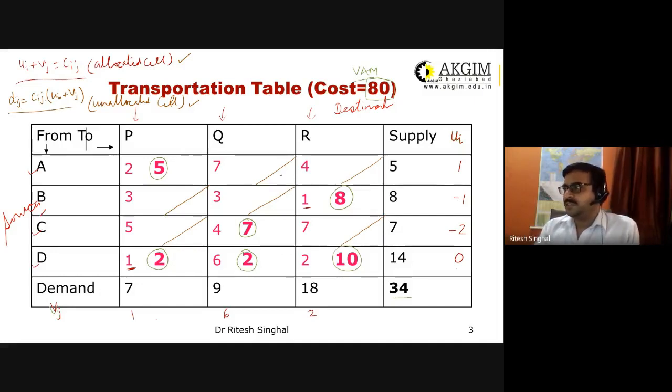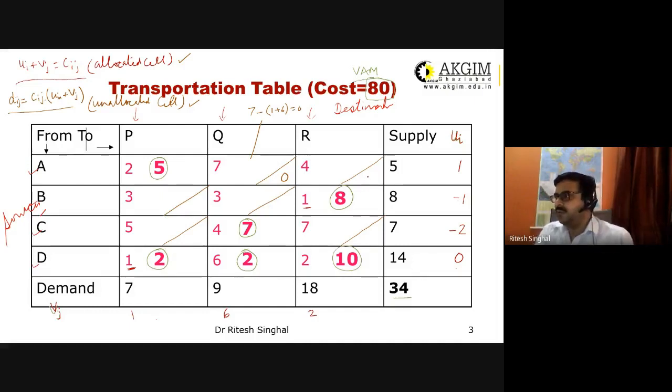So for this value, what is the value of Dij? Cij is 7. I have to write it here like Cij is 7 minus (1 plus 6), that is 0. So this is to be written as 0. How do we do this? We add UI plus Vj, that is 1 plus 6, 7, and subtract it from the cost.